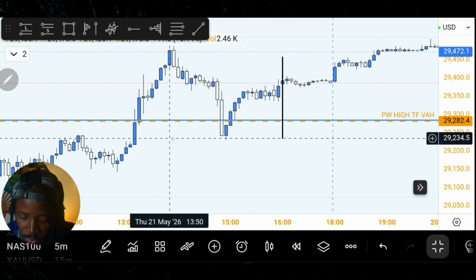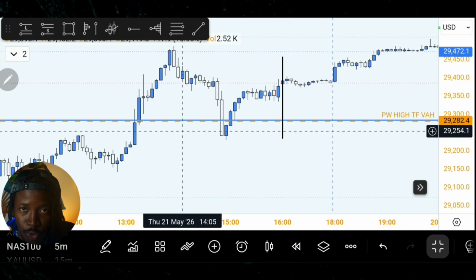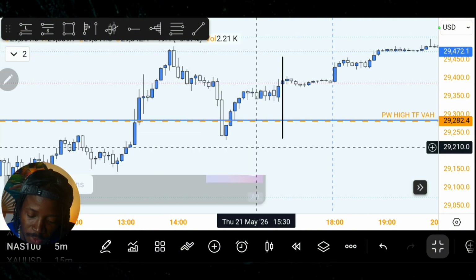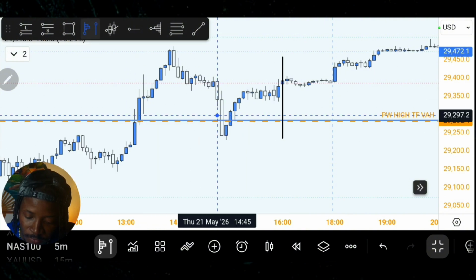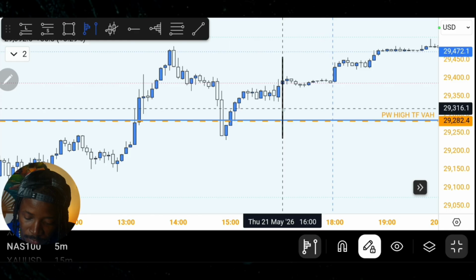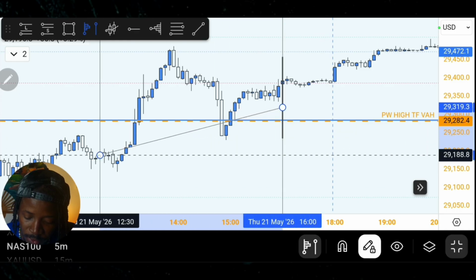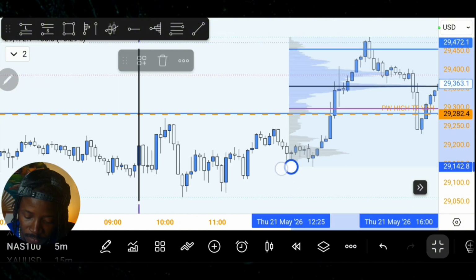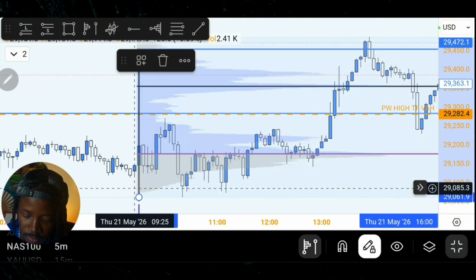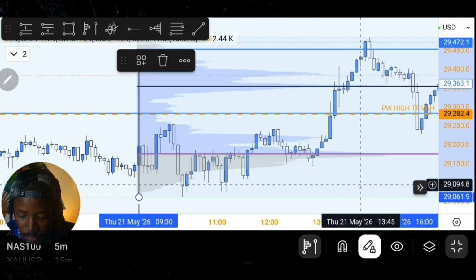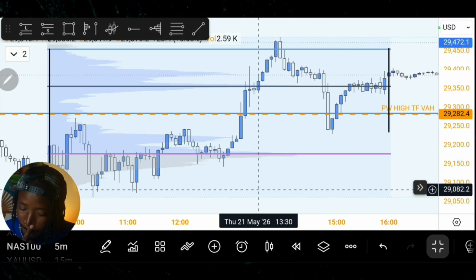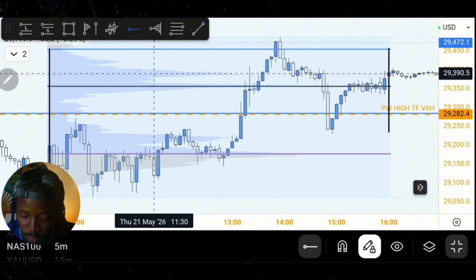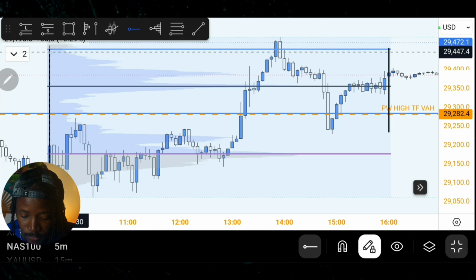So let me just draw the previous New York Stock Exchange regular trading hours, which is from 4 to 9:30. I mark that in black, from 4 to 9:30. That is the first one I'll draw here, and then I'll mark it out with a particular color, and I'll mark 2 levels.